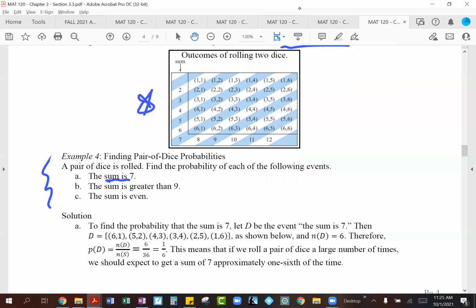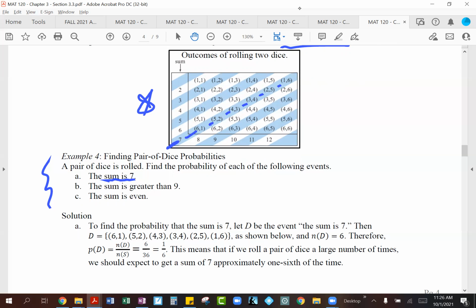What is the probability that when we roll 2 dice, the total will come out to be 7? When you add the 2 values, if you're looking for a total of 7, that's going to be these outcomes over here. If you follow along that line diagonally, you will see all of those combinations add up to 7: 6 plus 1, 5 plus 2, 4 plus 3, and then we're just changing the order, 3 and 4, 2 and 5, 1 and 6.